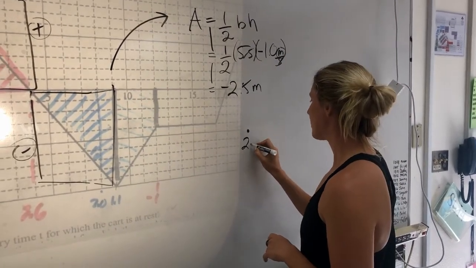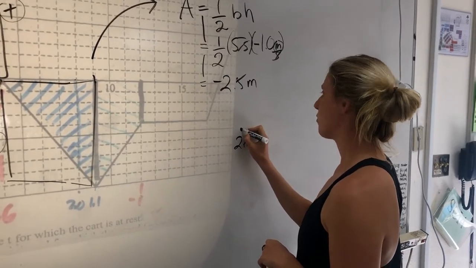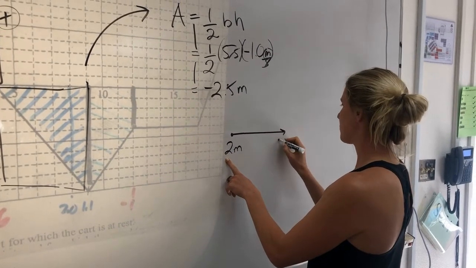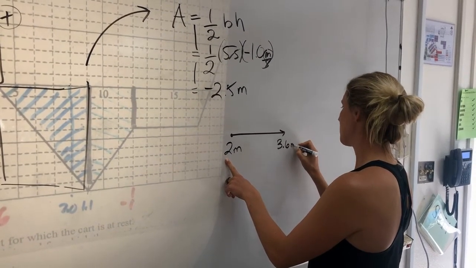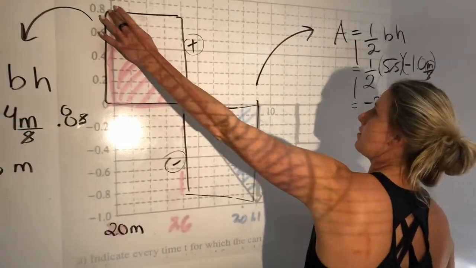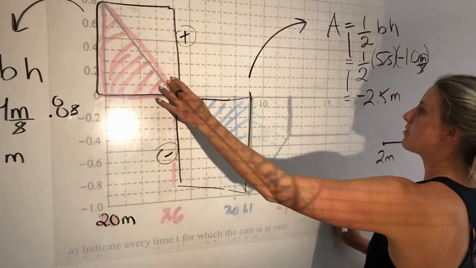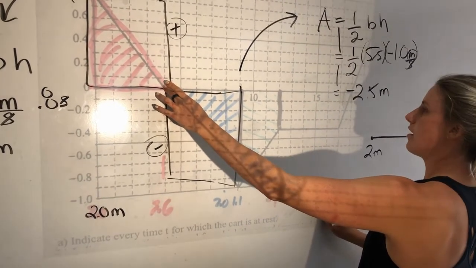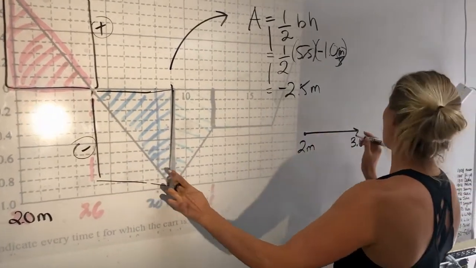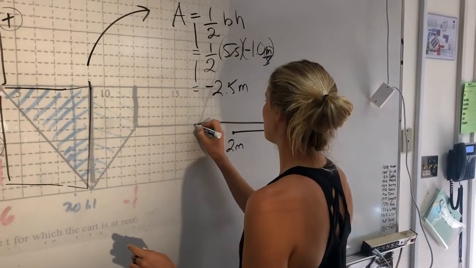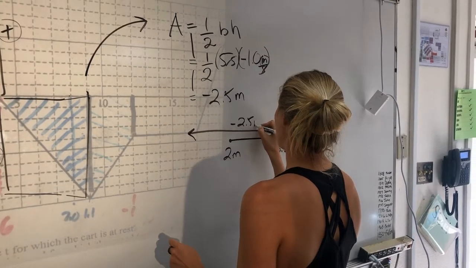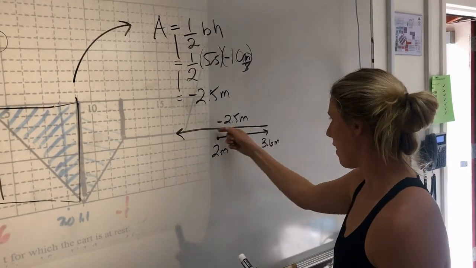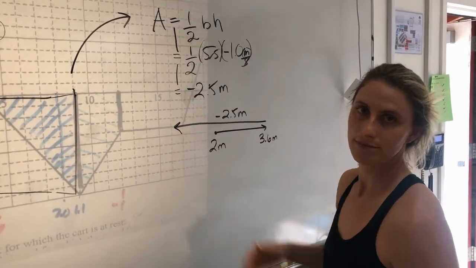So if we start here at 2 meters, we're walking this way 1.6 meters. 2 plus 1.6 is 3.6. Okay, so we've walked this way 1.6 meters, and then we've slowed down, and now we're walking the other direction 2.5 meters. So let's go something like this. Okay, your job is to figure out, after you've walked this way this much and that way that much, what position are you at?